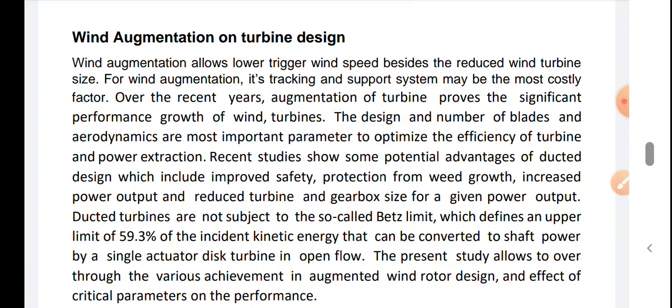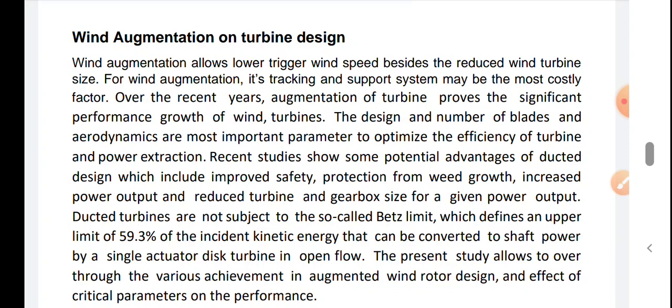The most costly factor for wind augmentation is its tracking and support. But over the recent years, the augmentation of turbine proves the significant performance growth of the wind turbines.